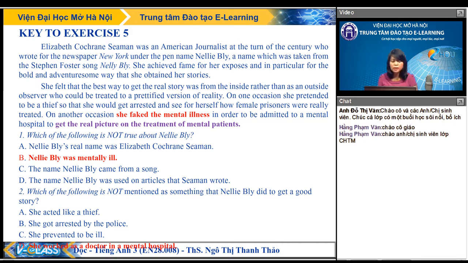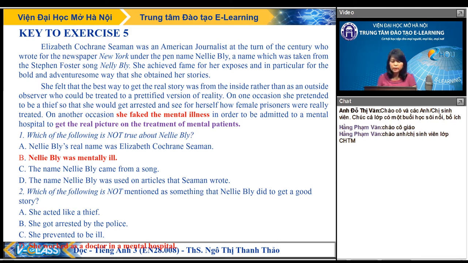So why is it not true? Because you can base on the clue here. On another occasion, she faked the mental illness in order to be admitted to the mental hospital. Right? So 1B.